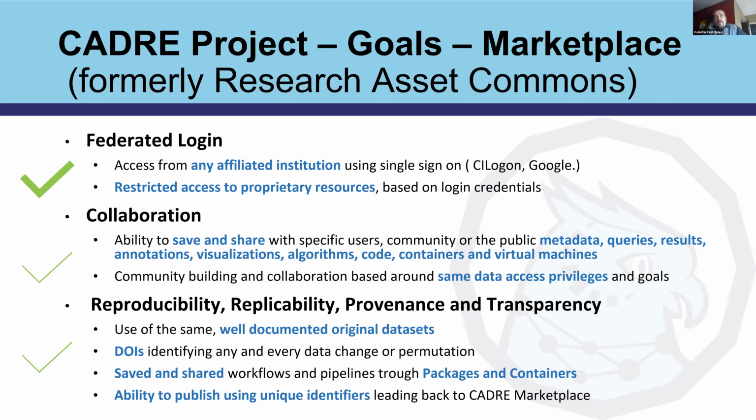Collaboration and reproducibility are still there, but we continue to work to make improvements in those areas, especially the DOI identifiers, which we are moving from internal DOI numbers to externally available ones that can be published in papers, traced back to the Cadre project itself.